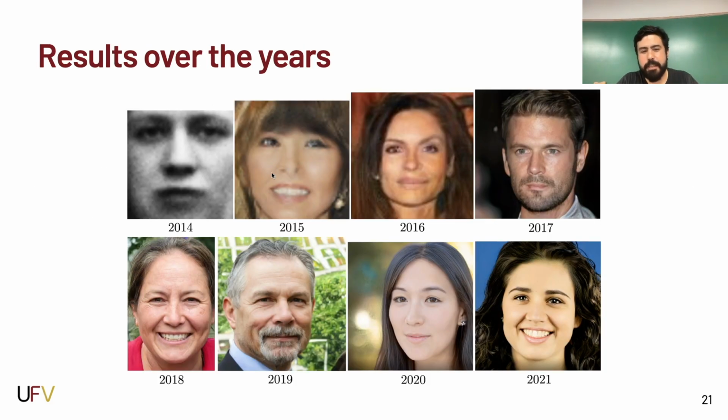Okay, here are the results over the years. You started with these black and white faces in 2014, very low resolution, and then in 2015. These are all cherry picked, right? So these are maybe the best outcomes of the model. 2014 is still a little bit weird, right? The mouth here is weird, the eyes are a little weird. Here also the eyes are a little weird.